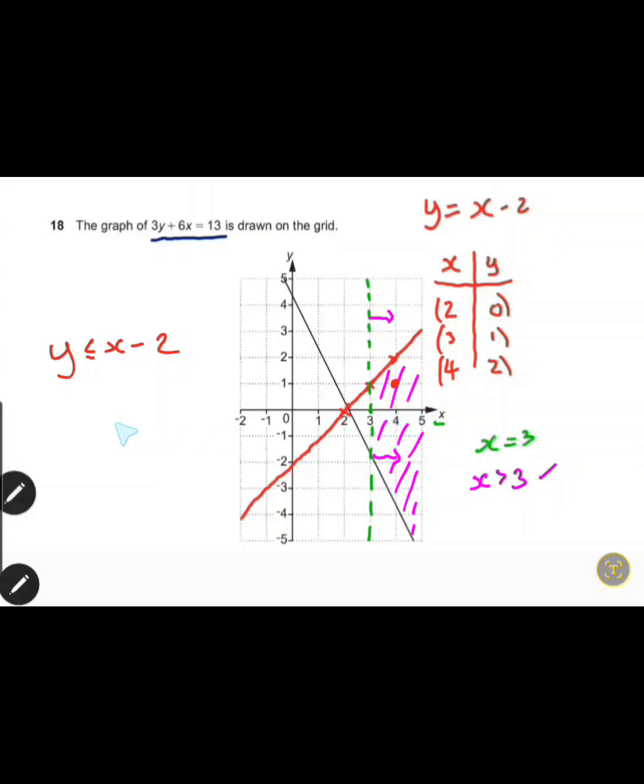That's the point 4, 1. And we just want to check, does the y value 1, is that less than or equal to the x value 4 take 2? Is 1 less than 2? The answer is yes. So that point is right, and that's going to mean that this is definitely the region that I'm looking for.